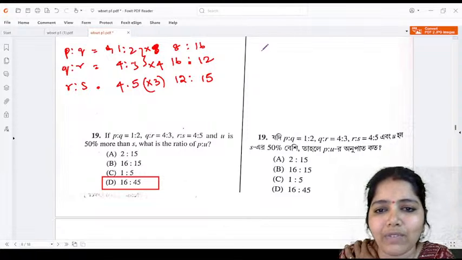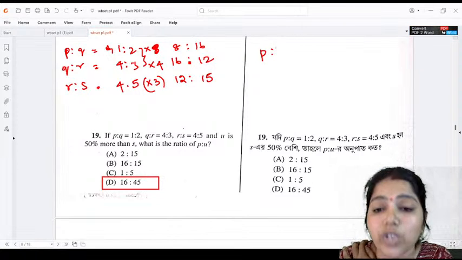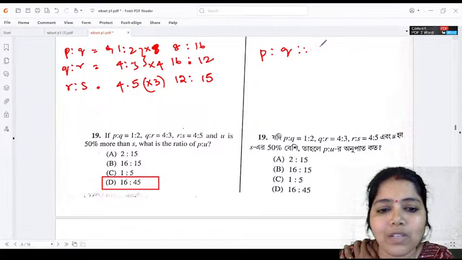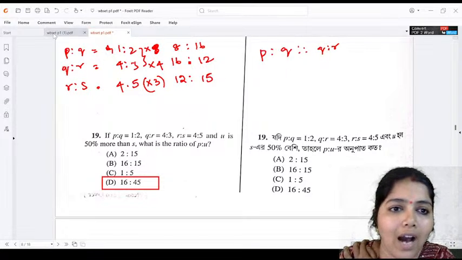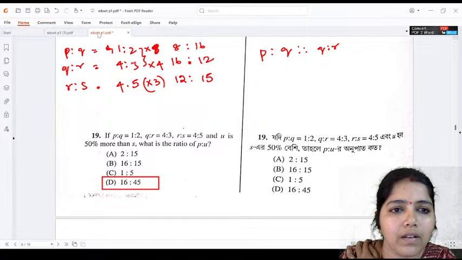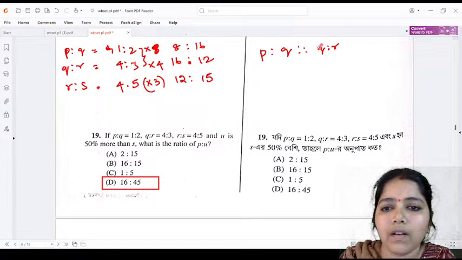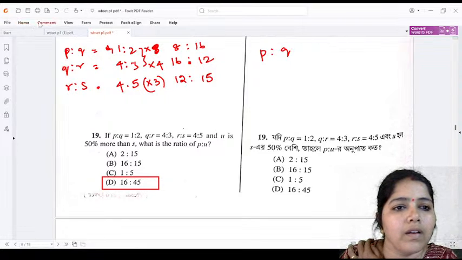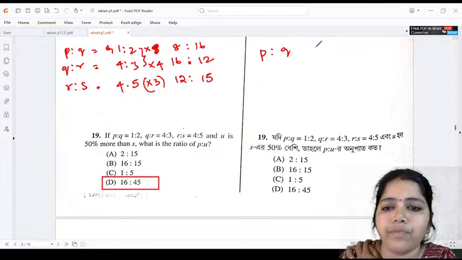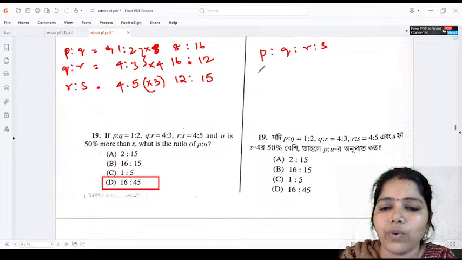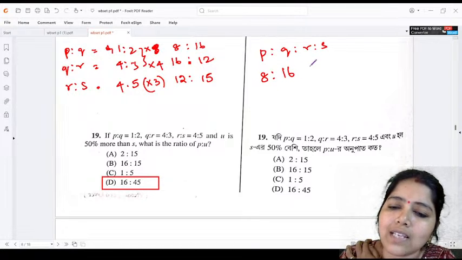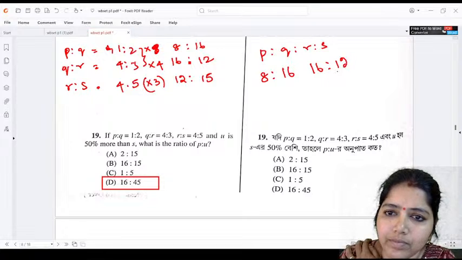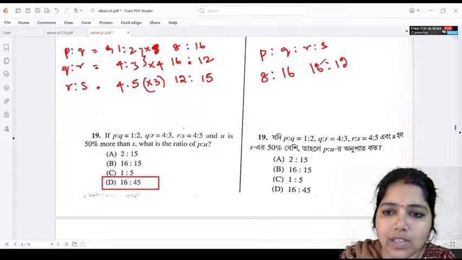We have done the proportion: P is to Q, Q is to R, R is to S. So it's 8 is to 16, 16 is to 12, and 12 is to 15.